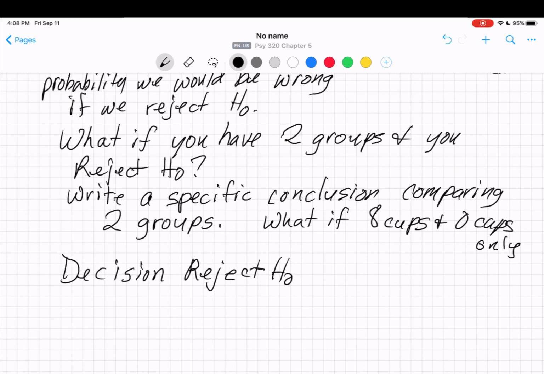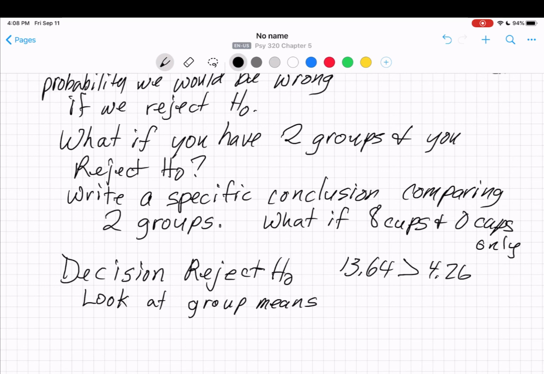Okay, so we're going to say, let's say it's still 13.64, so that's bigger than our critical value, 4.26. Okay, but now we only have 2 groups in this example. Okay, and what you do is you look at the group means, and you compare. Okay, and I don't remember the exact numbers, but I'm sure the 8-cup group has a higher mean than the 0-cup group. Okay, and so you're going to talk about that.